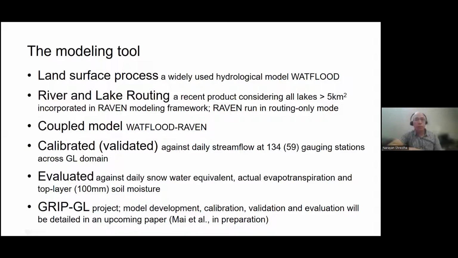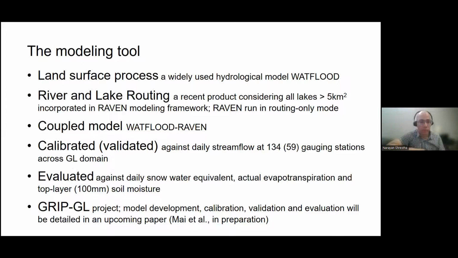So the modeling tool that we used for the impact assessment is a coupled model between WATFLOOD and RAVEN. Using WATFLOOD, we simulate the land surface processes, which is also sometimes referred to as vertical flux.